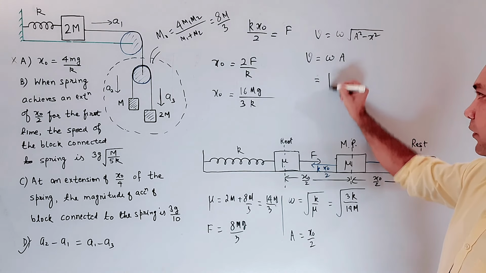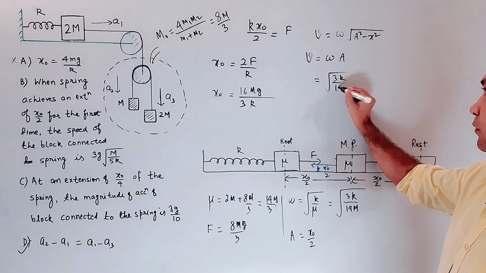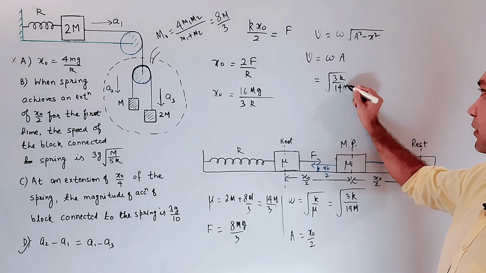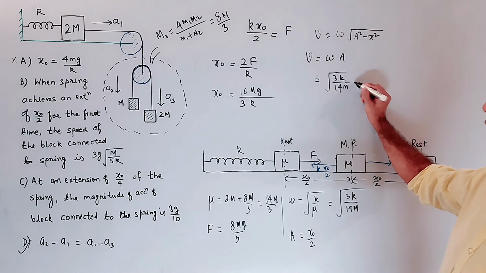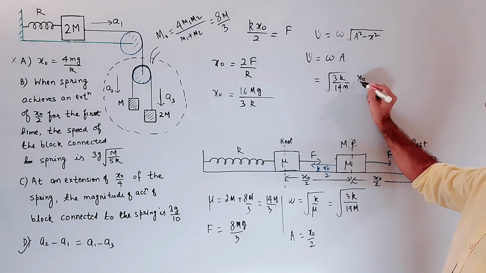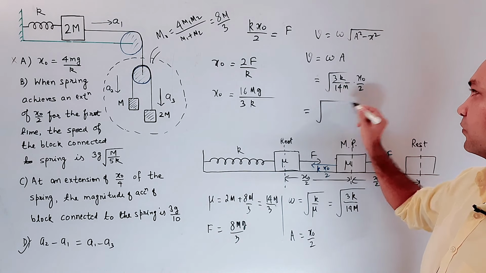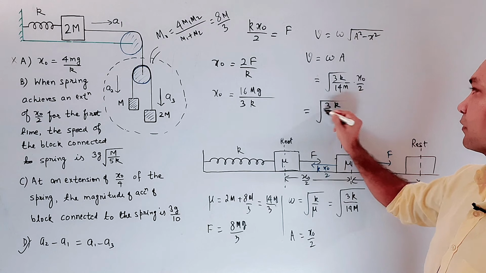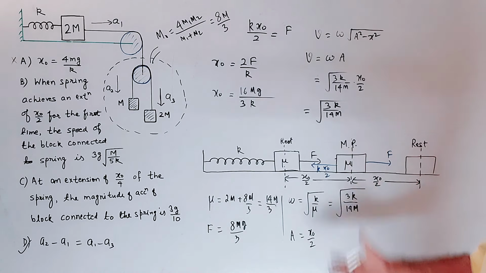Omega we calculated, that is square root of 3k by 14m, and multiply by the amplitude, which is x naught by 2. So x naught by 2, and we can put the value of x naught, so that would be square root of 3k by 14m, and let me take everything inside the square root.